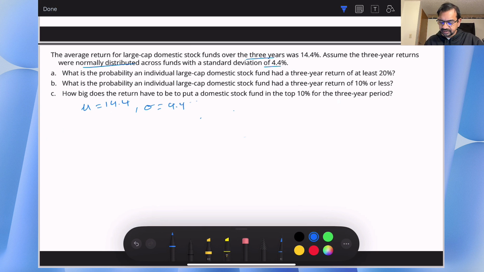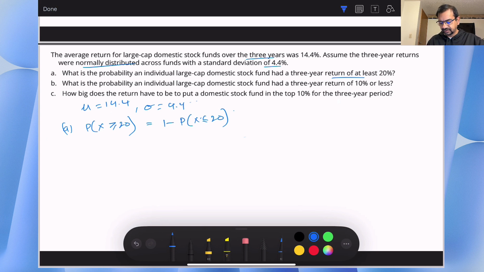Part A says, what is the probability that our 3-year return is at least 20%? So in part A, we want the probability that x is more than or equal to 20, which is the same as 1 minus the probability that x is less than or equal to 20. Now we can find the z-score of x equals 20.